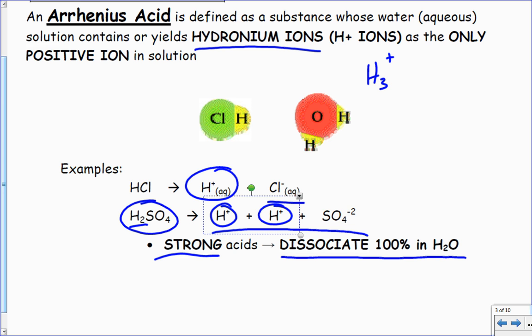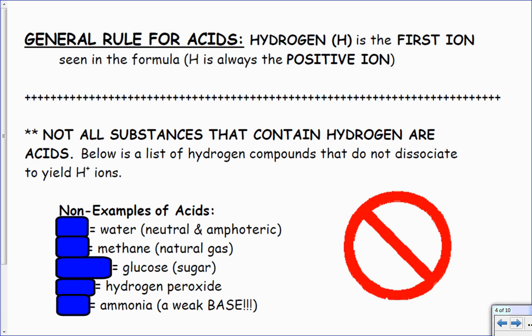A weak acid will dissociate some of the way, so I get some of the H pluses as opposed to the maximum amount. So when I say a strong acid, it doesn't just mean that it's going to burn you the most. Well, it might, because it's making more of these H pluses in solution, you see? But a strong acid in this case really just means it dissociates 100%. And it makes the math a little bit easier on some of the higher end math we could do with this stuff.